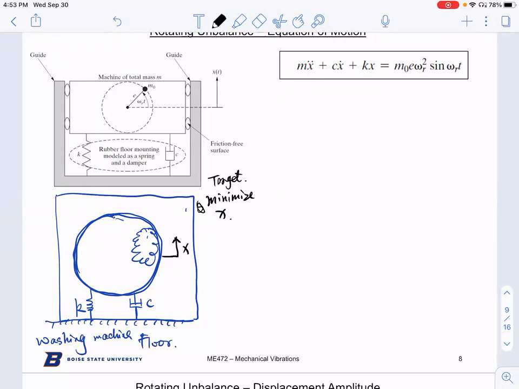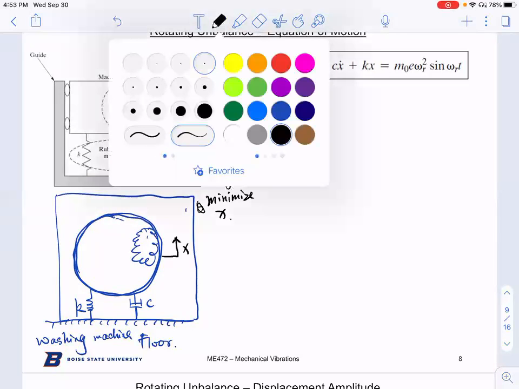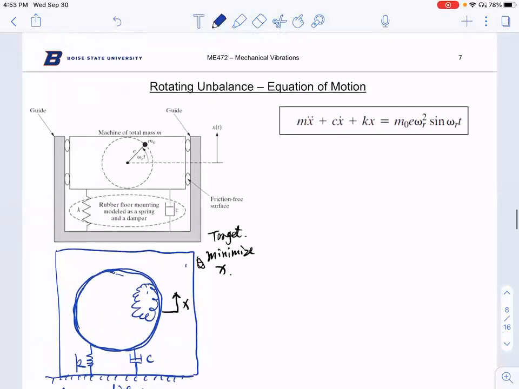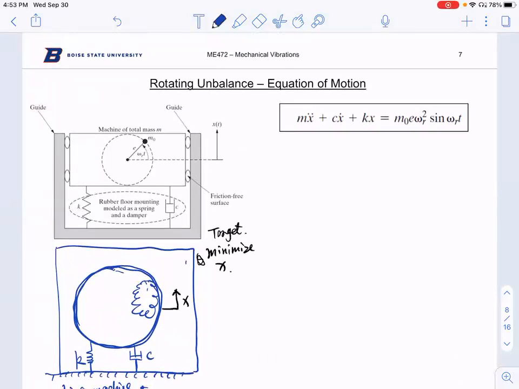Okay. So what we do is we can simplify this washing machine system into a lumped parameter model.